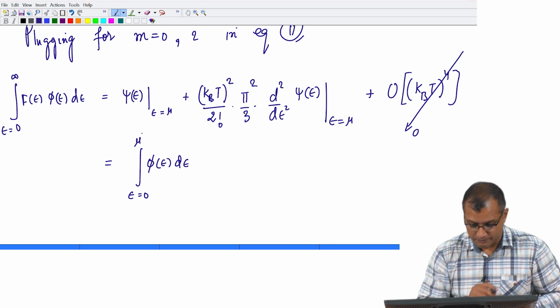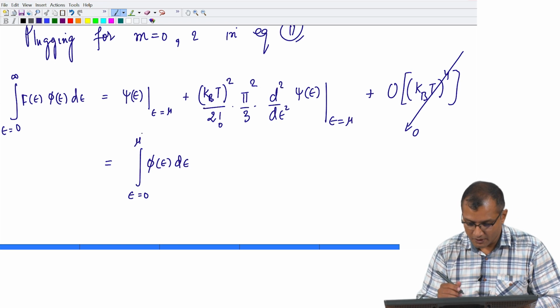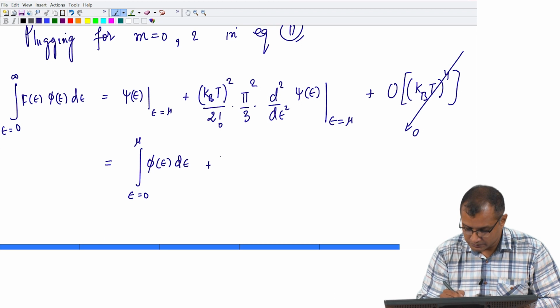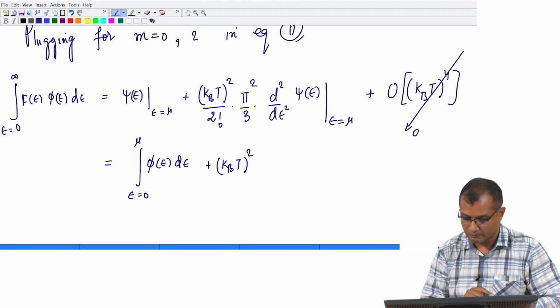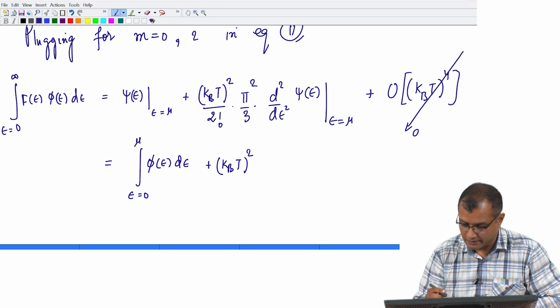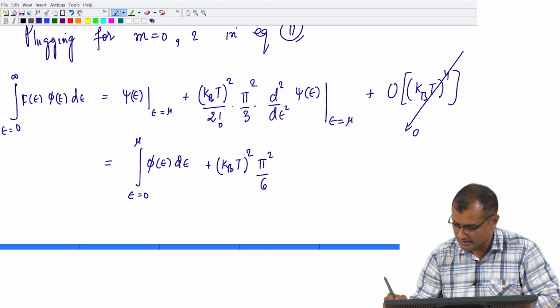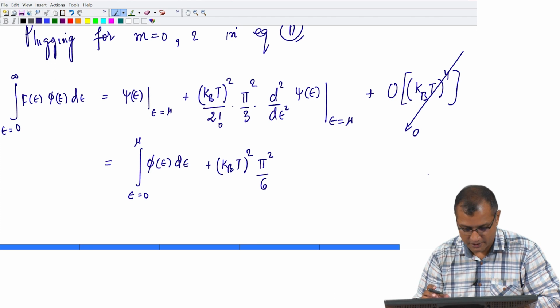All right. So, the second term would be nothing but k_B T square, okay, and I can write the prefactor here as pi square by 6, and this is d square psi by d epsilon square.